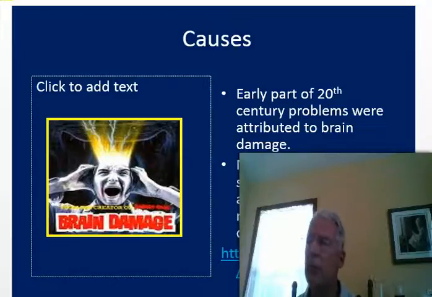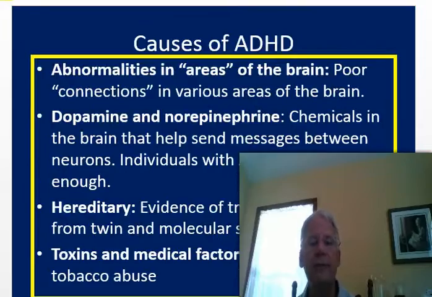In other words, there was something physically wrong with the brain. We know now through MRIs and PET scans that really there's a neurological dysfunction of the brain. And here's a clip that I believe that you'll enjoy watching. It's a 2-minute video to gain a sense in terms of what causes ADHD.